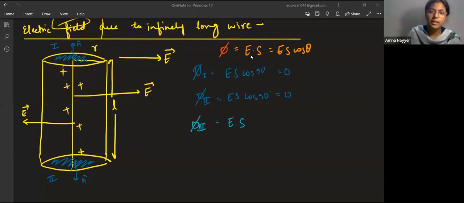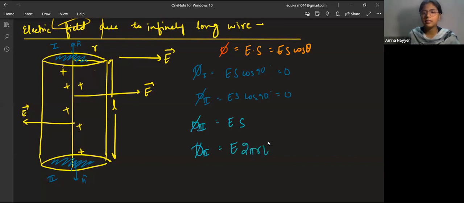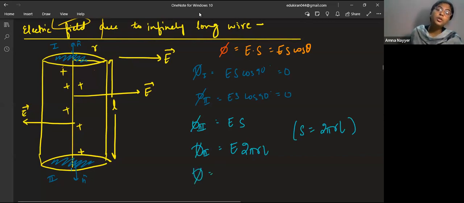Now, the surface area will be 2 pi RL, where L is the length of the wire. Now, the flux was what? You were asking why Q by epsilon naught is not used. It is getting used here.